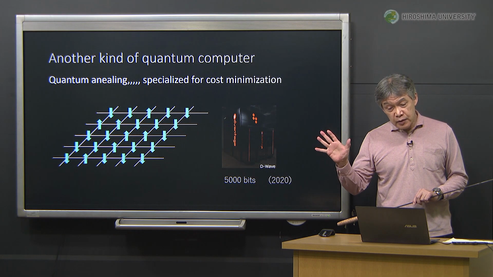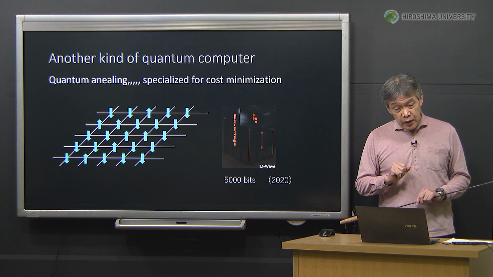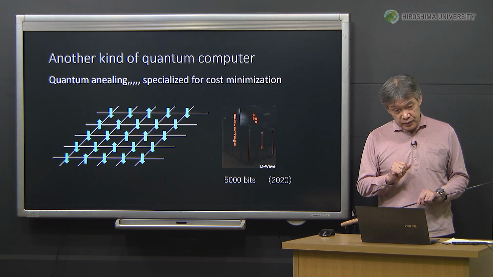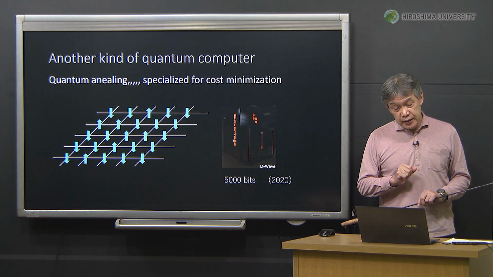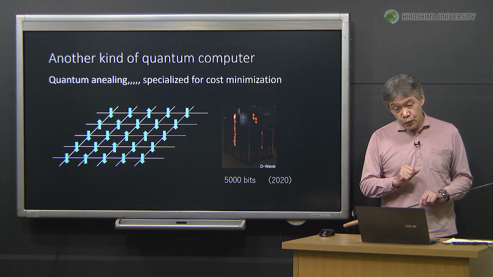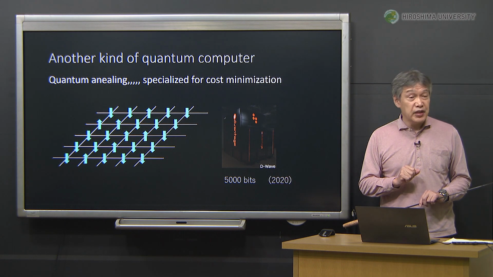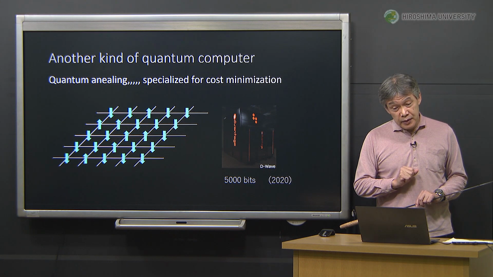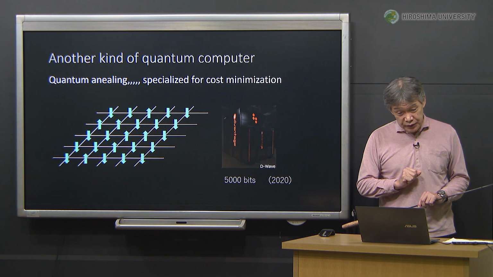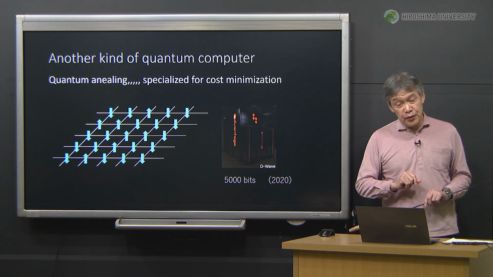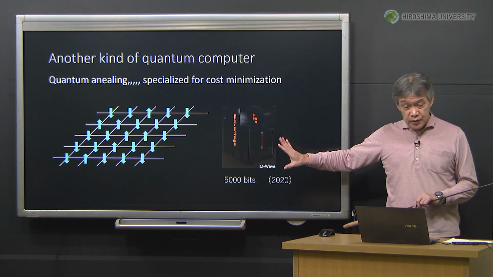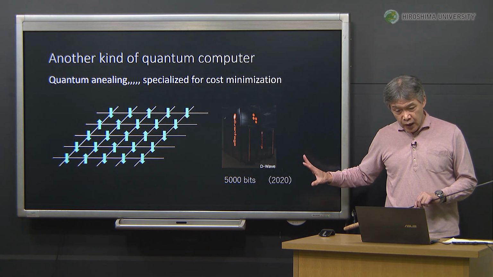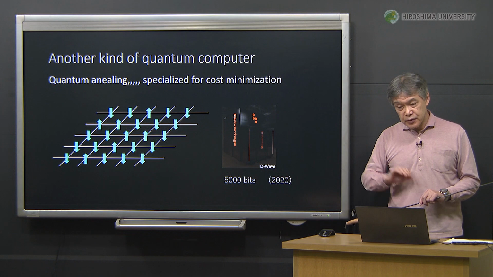I will talk a little later about general purpose quantum computing using quantum gates. At this moment, we have about 50 qubits for general purpose quantum computing. But for quantum annealing, we already have 5,000. And this is really, actually, a real application stage.